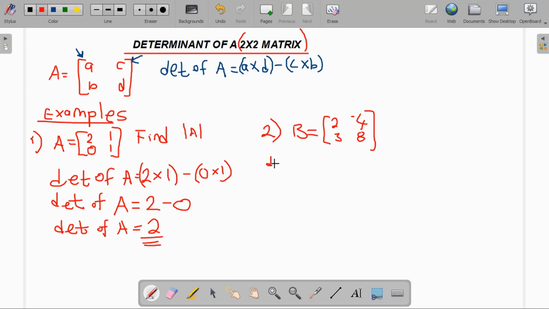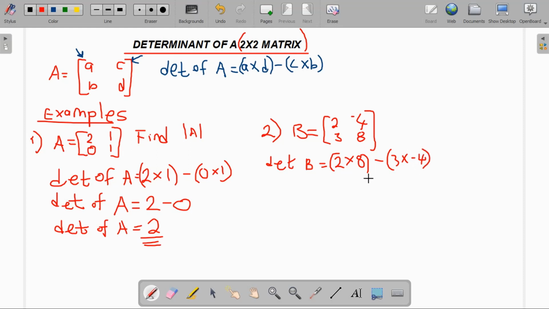The determinant of B is equal to 2 times 8, the major diagonal, and then take away the minor diagonal, which is 3 multiplied by -4.